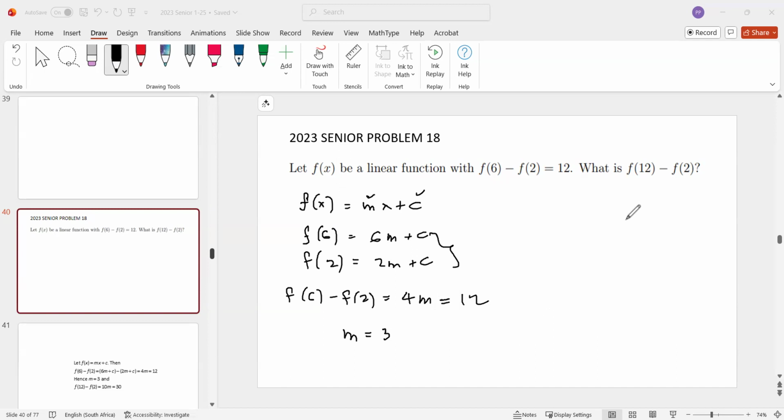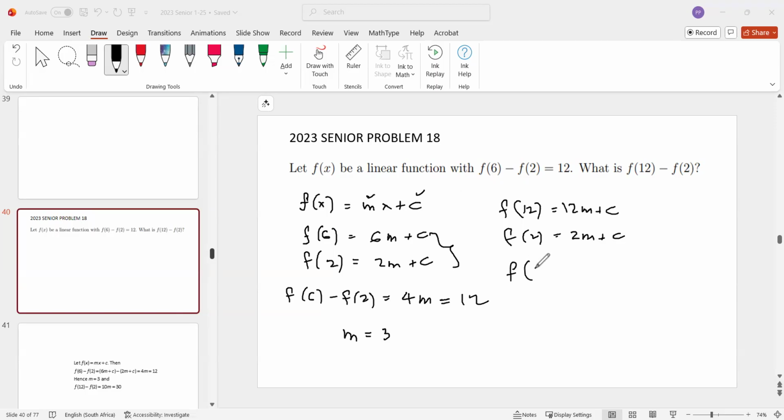So now the question is, what is f of 12 minus f of 2? Okay. So f of 12, again, is 12m. f of 2 we saw was 2m plus c.